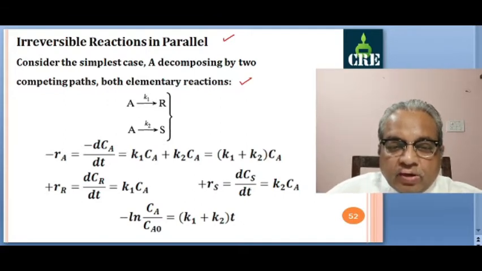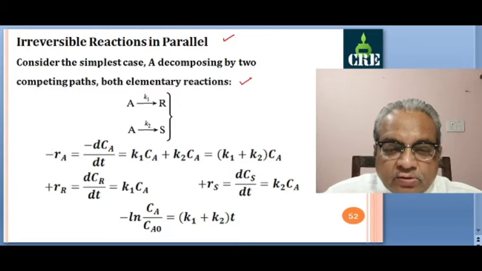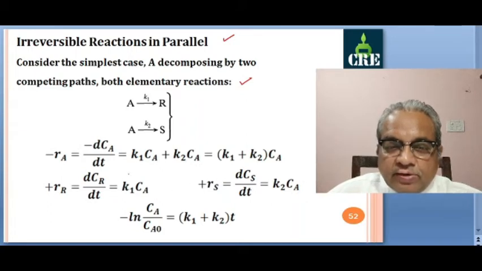Rate of formation of R plus rate of formation of S. This is rate of consumption, rate of disappearance. So Rr is dCr by dt and this is K1Ca. Rs is dCs by dt, K2 into Ca. So these reactions we can write.